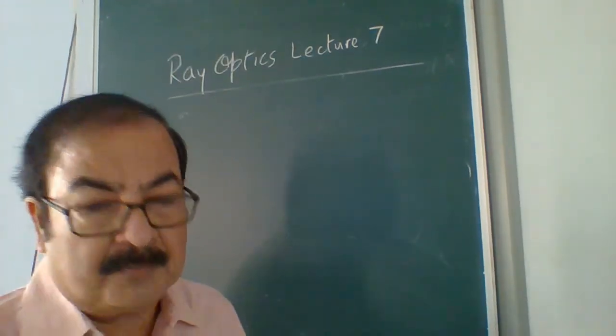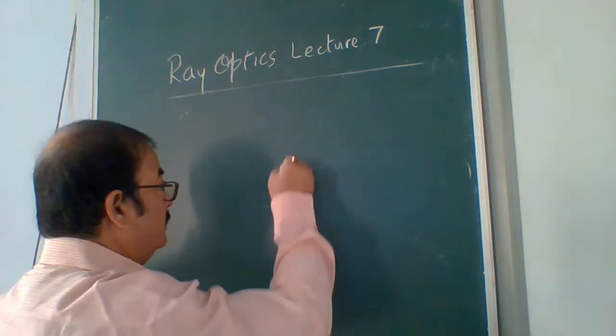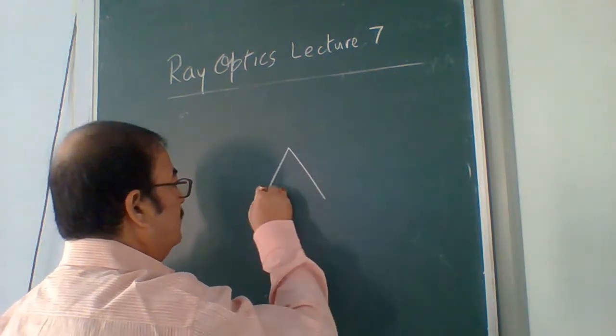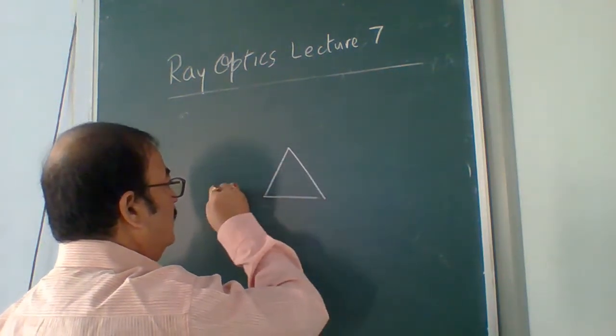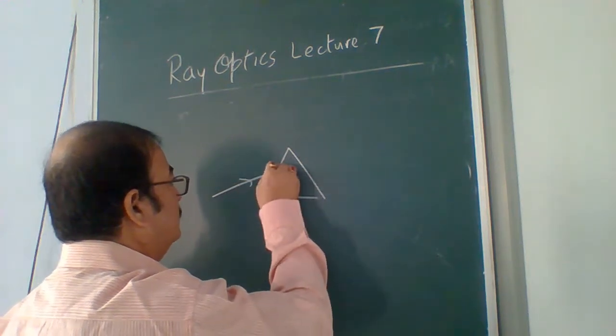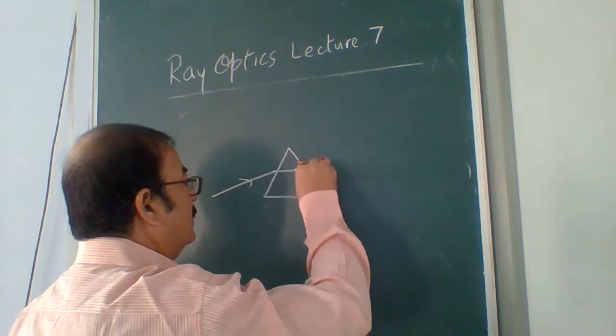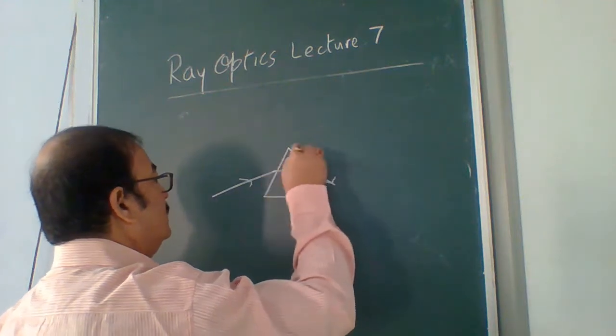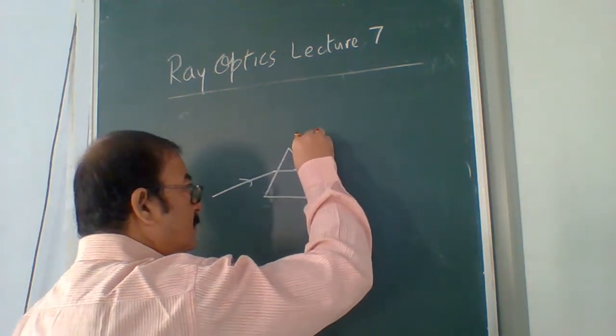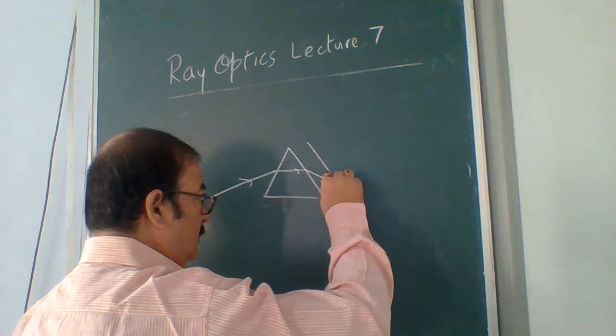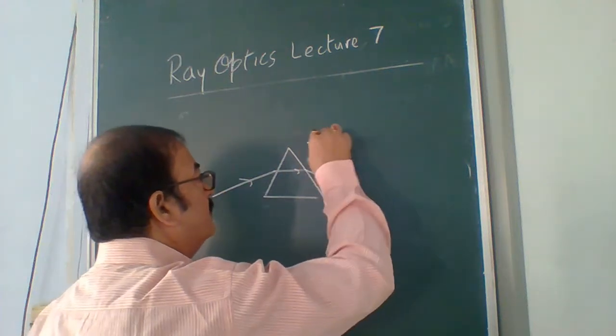In the same way, suppose we have two prisms, one is this one, and we have another prism like this, and it is placed inverted.